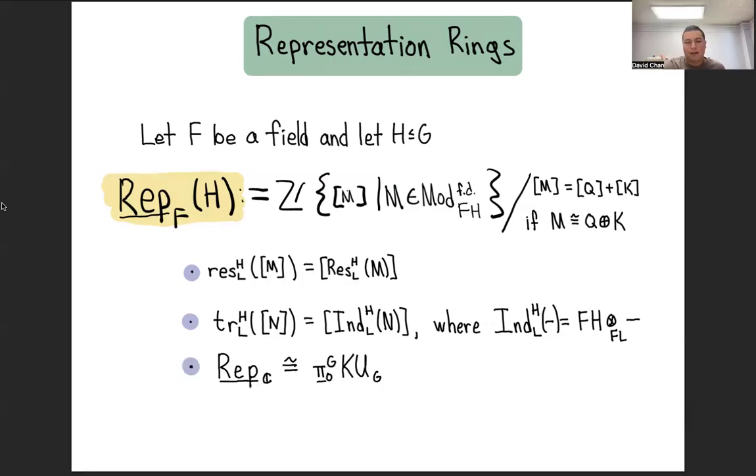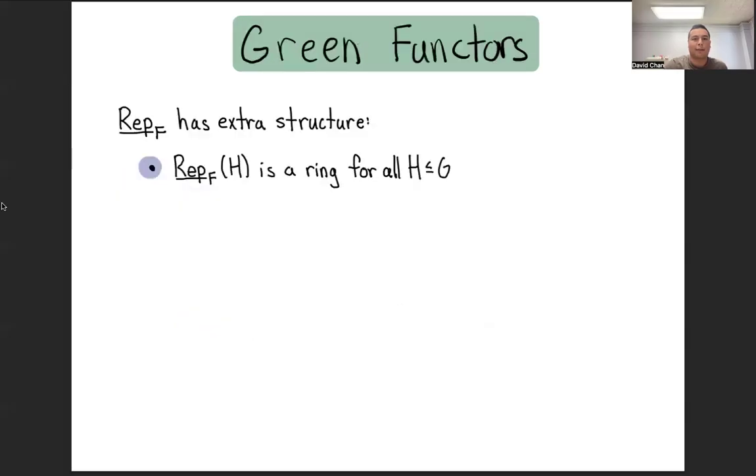Okay. And just to keep the analogy running with spectra, the functor that you get when F is the field of complex numbers, this is pi zero of KU_G. So equivariant topological K theory, the pi zero of this ring spectrum is this representation ring here. And the representation ring, I think, is a good way to think about Green functors.